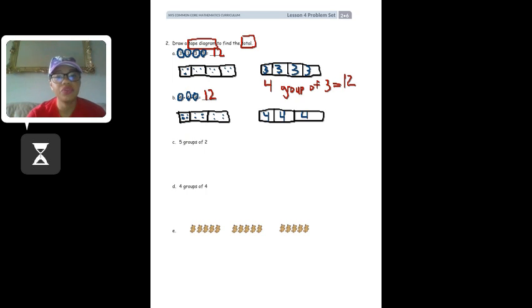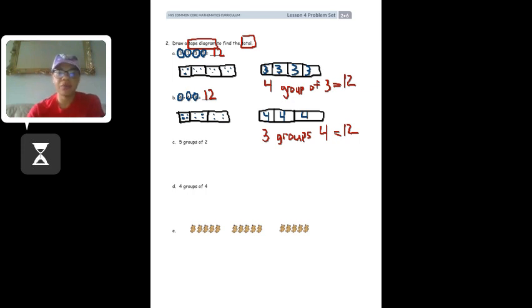So I'm going to put 3 groups of how many? How many circles? What number did we put in each equal size square, each equal size group of our tape diagram? 4. We had 3 groups of 4 equals a total of how much? 12. Good job. And so now we're going to move on to number 2, C and D.